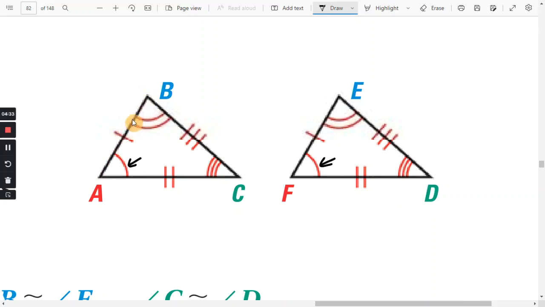This side right here is AB, and we can see it is marked the same as this side right here, which is side length FE. Okay, and we can see AC matches FD. We can see BC matches ED. So those are the sides and the angles. See, they have the same number of marks.